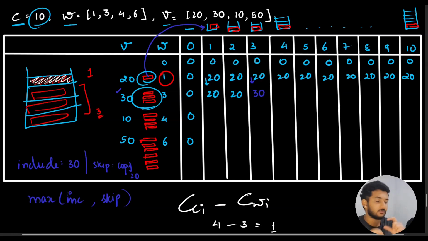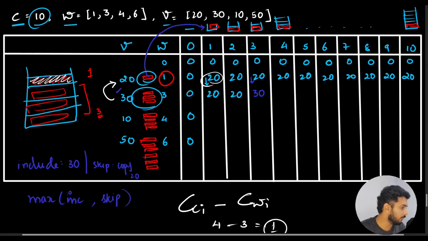And how to fill this one? Just go to the previous row and get the first column's value. For this particular row, this is the previous row, and what I'm saying is get the first cell value, because this is returning 1. The first cell value is 20.